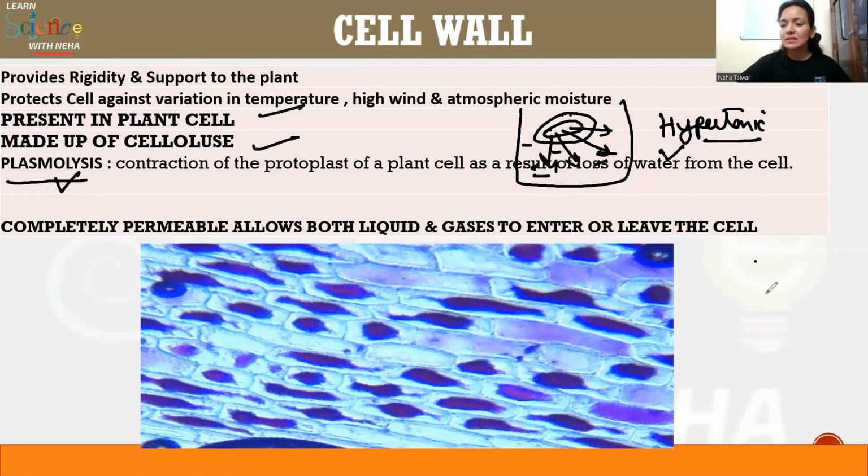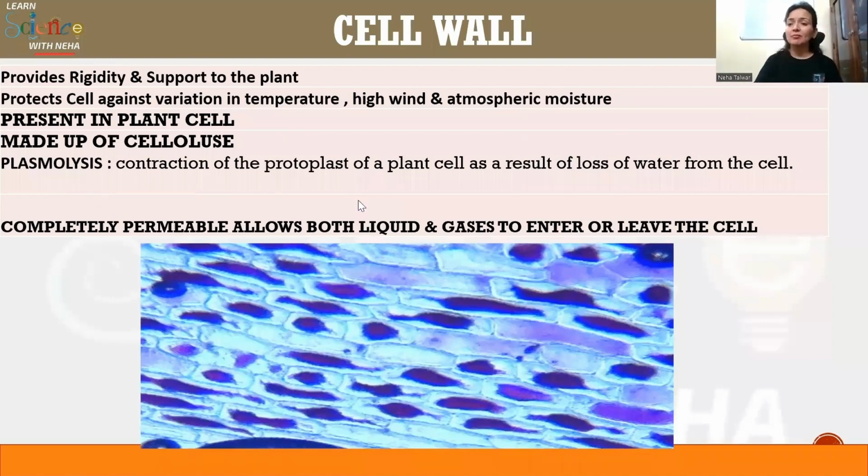Slowly you will see the cell wall will not change its shape because the cell wall is non-living, but the cell membrane will contract and will go till this level. That means the plant cell has undergone a shrinking process. This is called plasmolysis when the plant cell is placed in hypertonic solution.